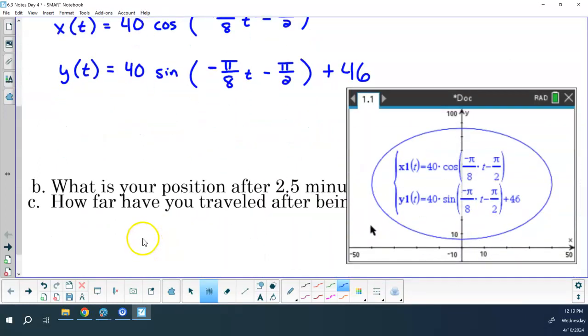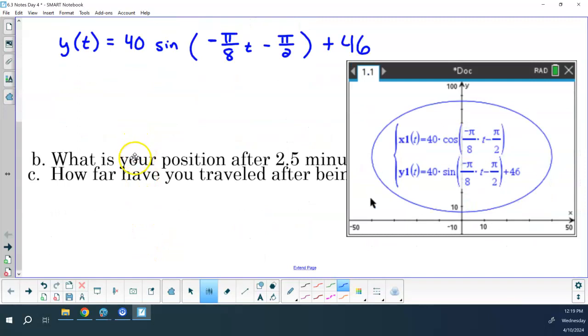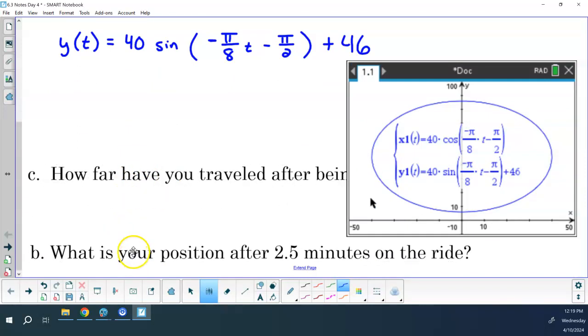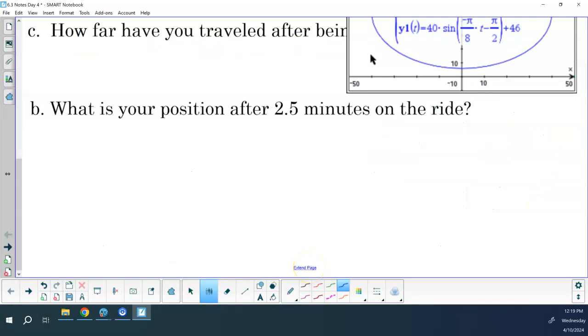Okay. The second question says, what is your position 2.5 minutes into the ride? Now let's do some maths here. 2.5 minutes is how many seconds?